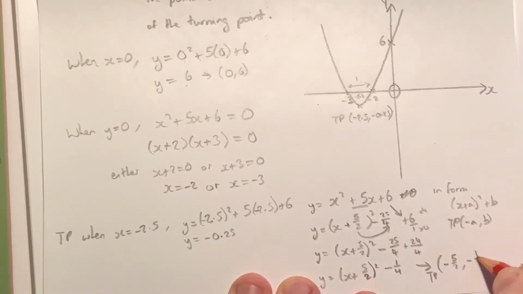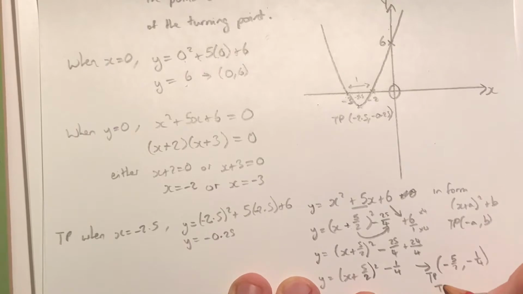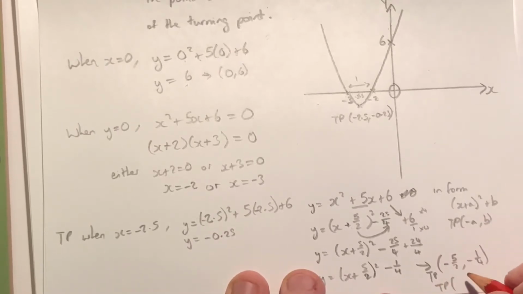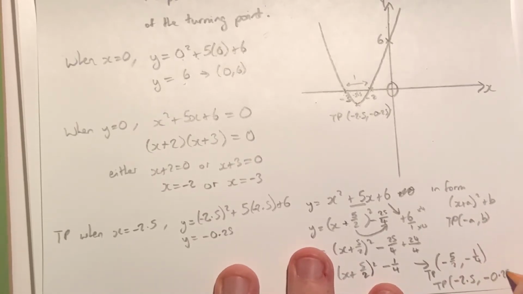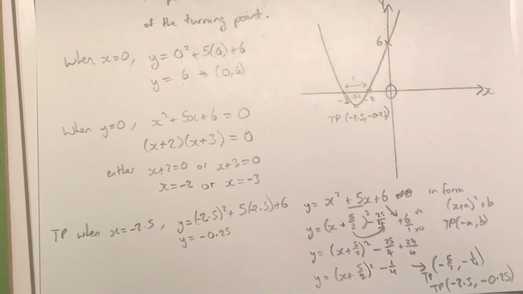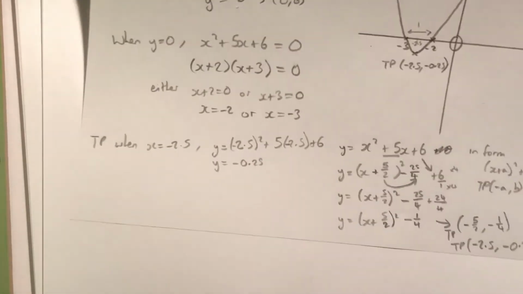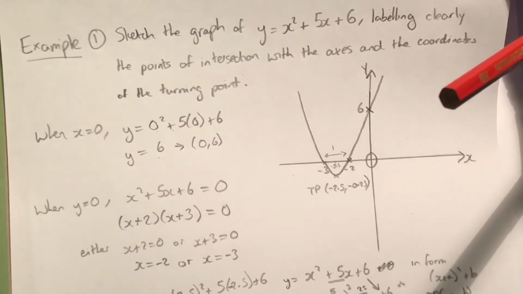So minus 1/4. And for those of you that want to leave it as decimals instead, minus 5 divided by 2 is minus 2.5. And minus 1 divided by 4 is minus 0.25, which is the alternative way of doing that. Okay? So there you have it. That's your first one done.